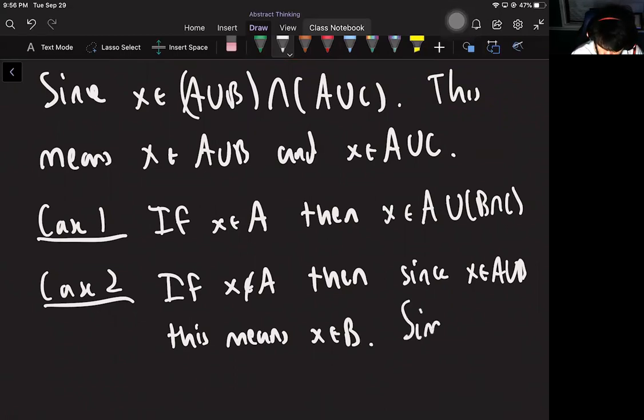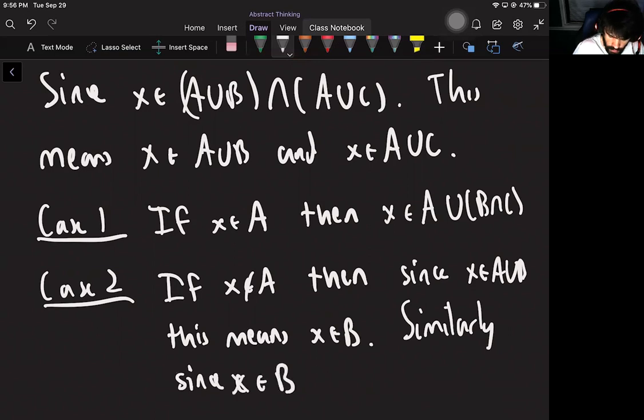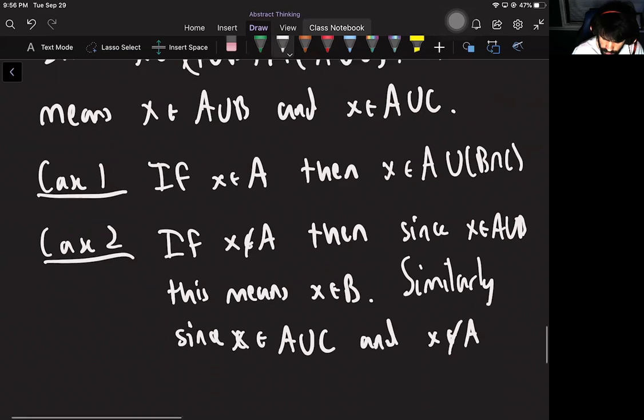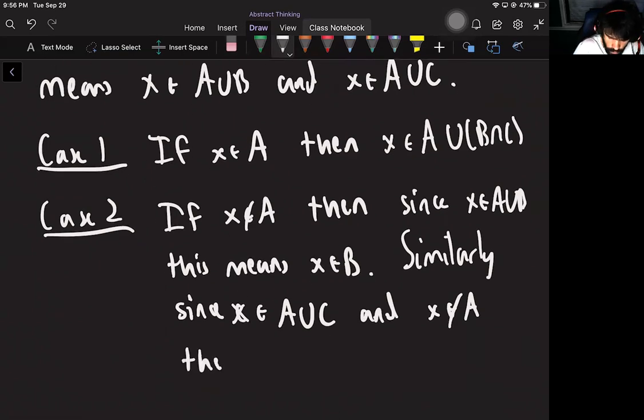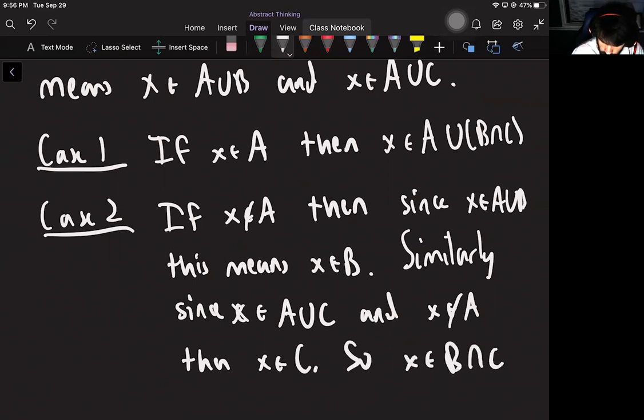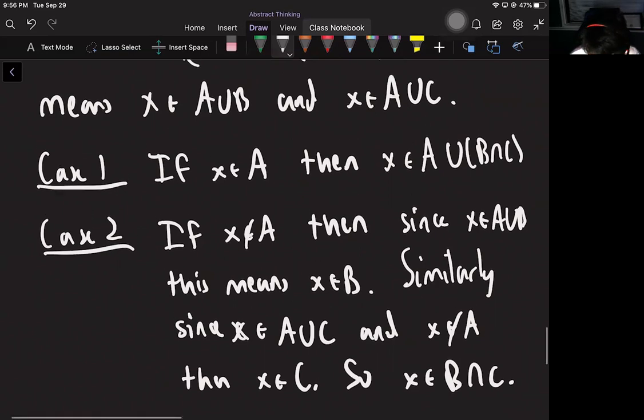Similarly, since x is in this union, oops, not that one, this one, A union C, but it's not in A, then it must be in the other piece of the union. So what we have here is that x is in B, and it's also in C, in this case where x is not in A.